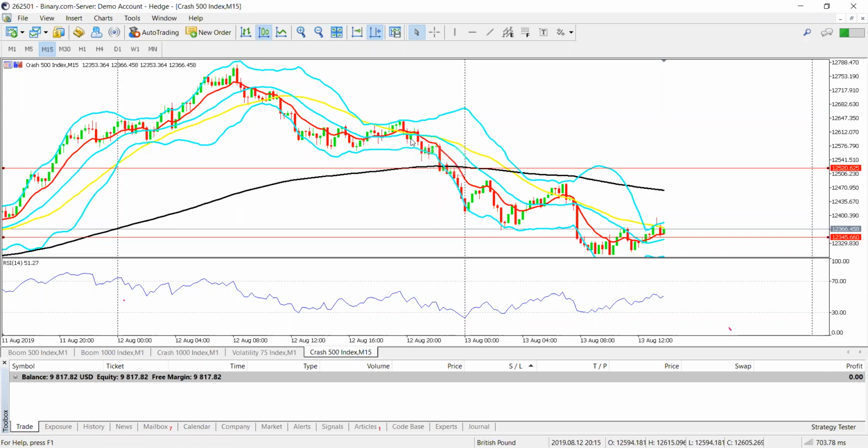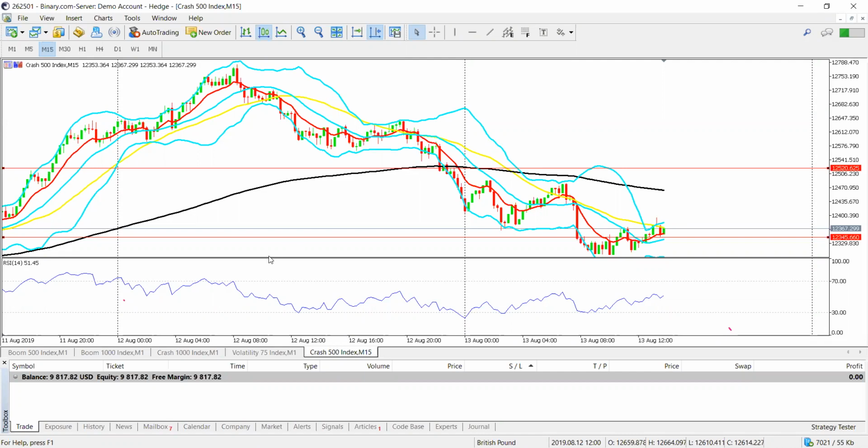How the 10 moving average works on a 15-minute time frame is that it works as a trend line. It works like it works on the 1-minute time frame: when price moves up and almost touches it, in the 15 minutes it's more like it's guided along the 10 moving average.